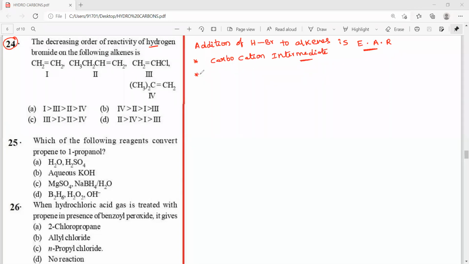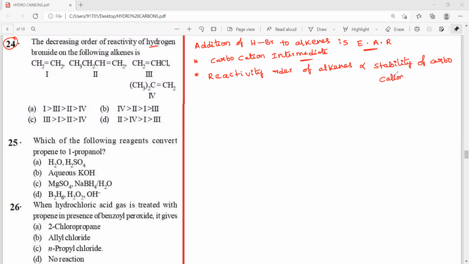So the reactivity order of alkenes. This point we have to remember: because it is an electrophilic addition reaction, the reactivity order of alkenes is directly proportional to the stability of the carbocation.